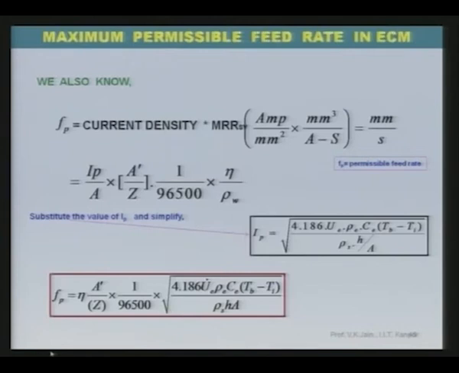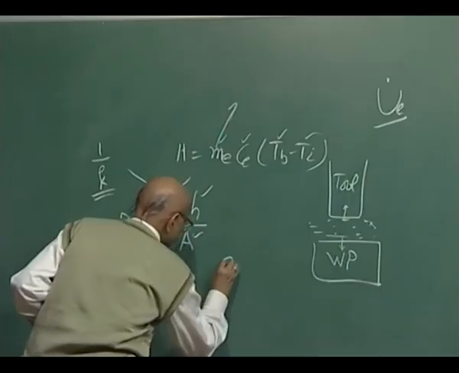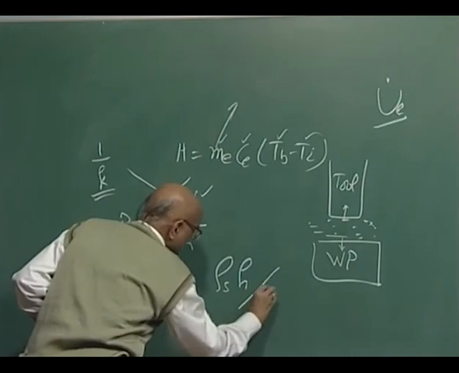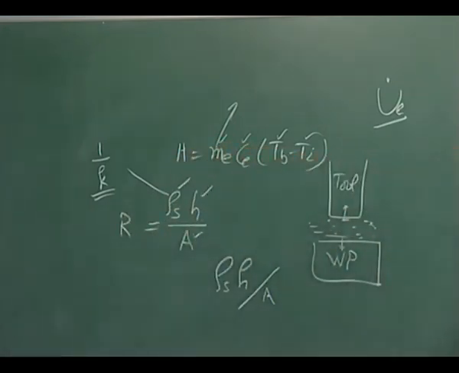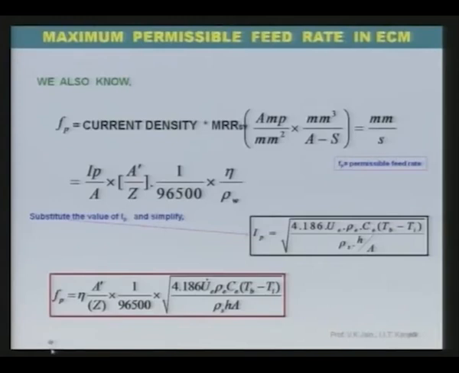Now, substituting this value of Ip, we get the permissible feed rate Fp equal to zeta A dash over Z multiplied by 1 upon 96,500 multiplied by under root of 4.186 u e rho e c e multiplied by (Tb minus Ti) divided by rho s. Now, here it should be rho s h divided by A, not multiplied by A as written over here in the last equation for Fp. So, please correct it.